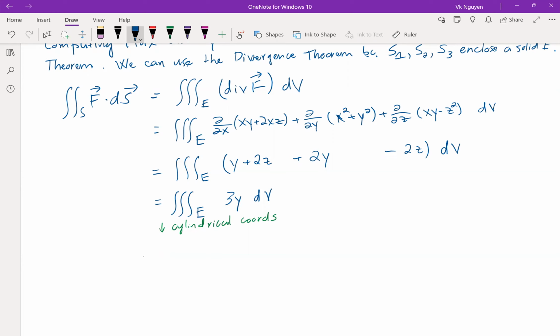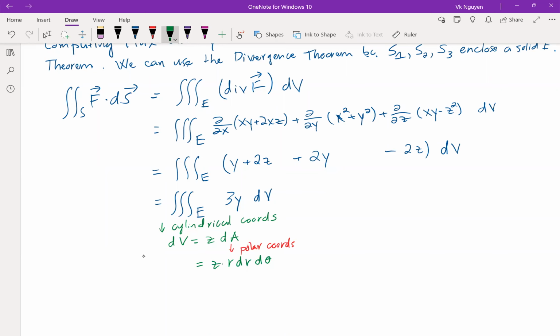Let's do a little review here: dV is dz dA, and dA here is r dr d theta, because you can parameterize this dA using polar coordinates. So dV is actually dz r dr d theta.